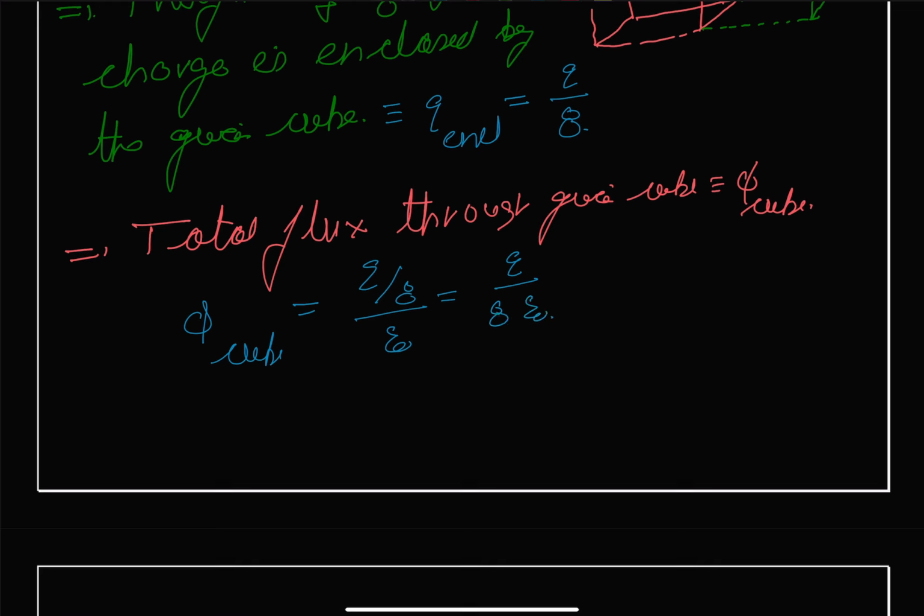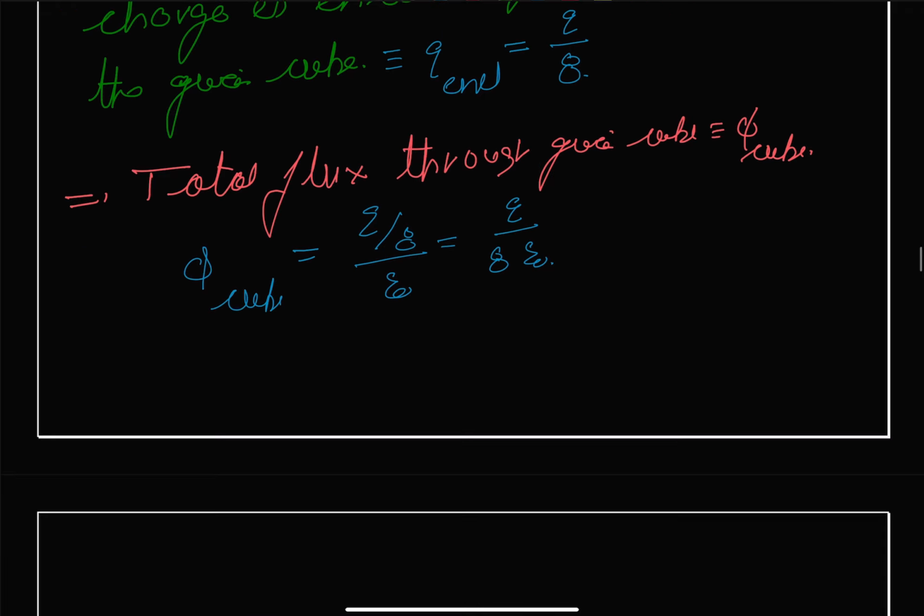this flux is through the entire cube, and we are given that the charge is at the corner of the cube. So we have to remember that a cube has a total of 6 faces, and if the charge is at the corner, the electric field lines are not going to pass through all these faces equally.